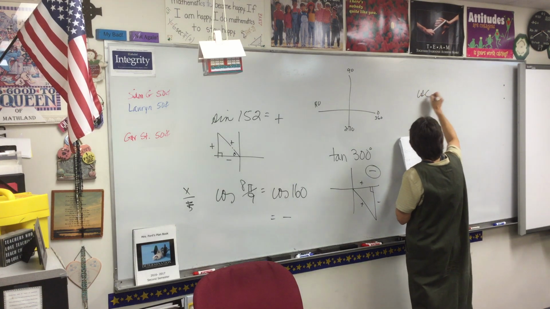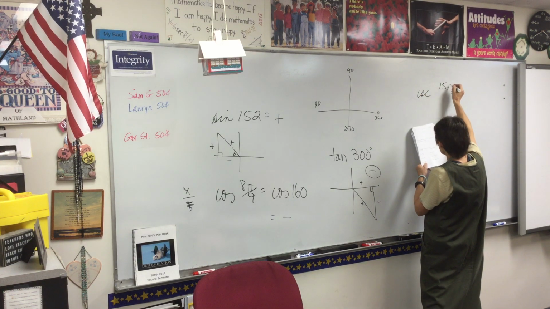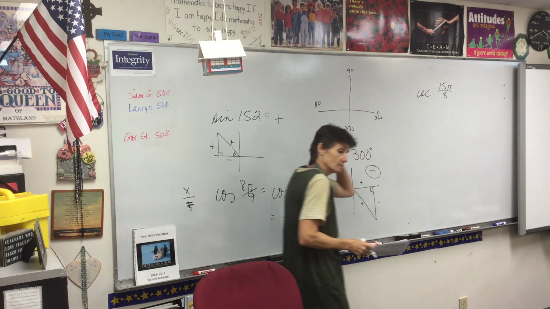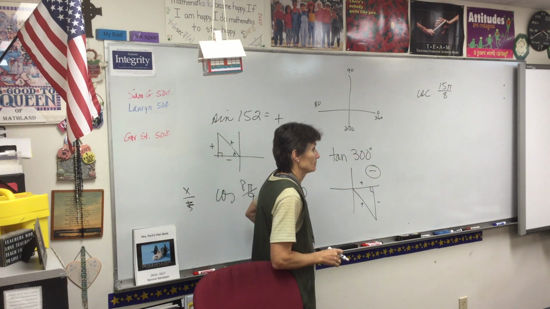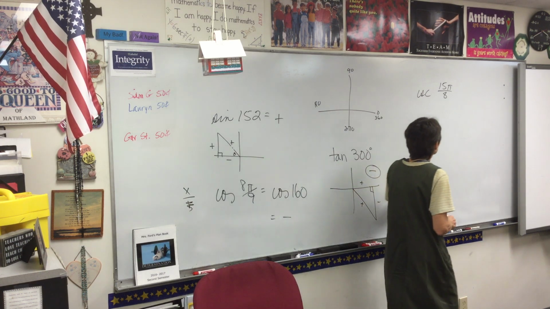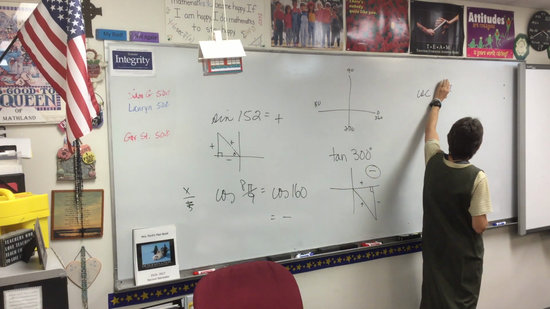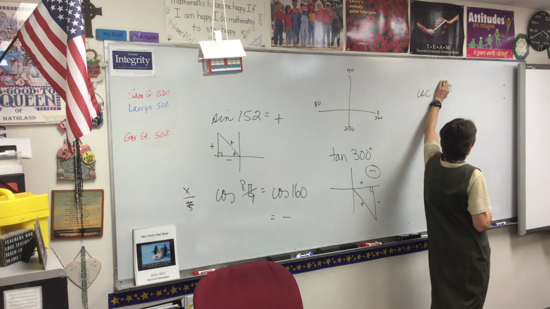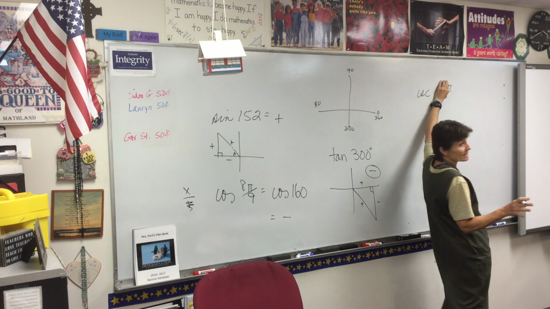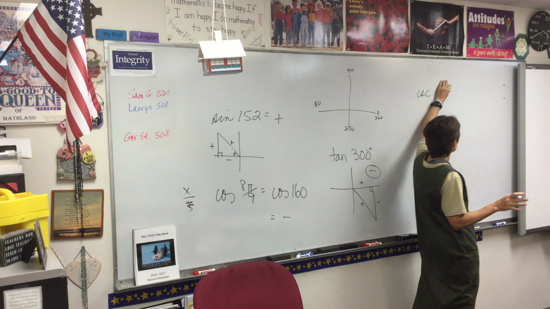Whoa, cosecant 15 pi over 8. Oh, that's a big angle. What's pi divided by, what's pi? 180, right? Pi radians is 180 degrees.